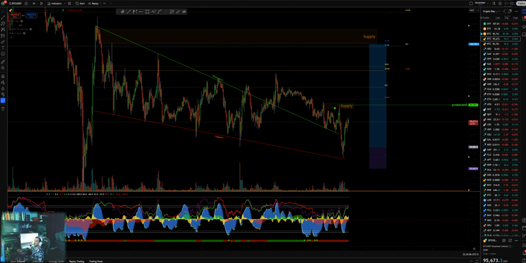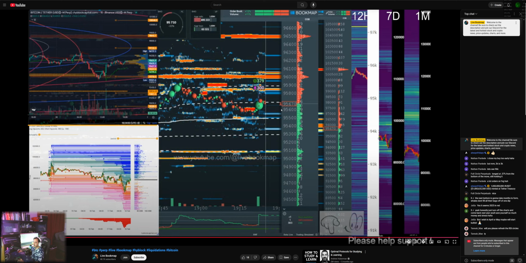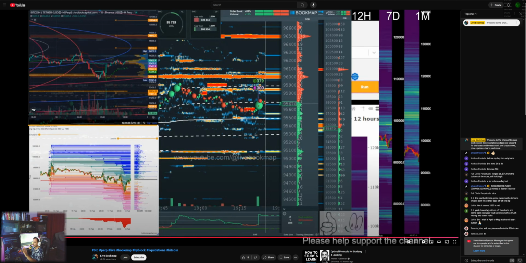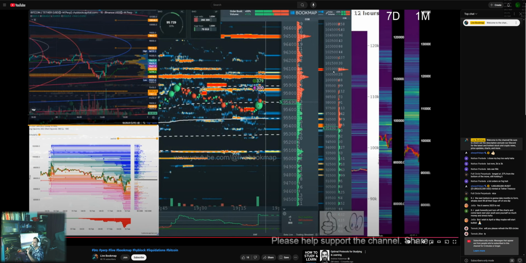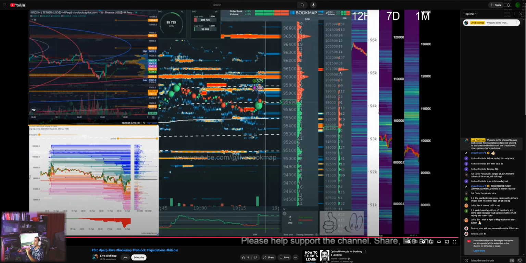For instance, I'm going to bring up Bookmap now. I know I use this tool a lot and it might look crazy if you're new here, but it's really nothing crazy. All you're seeing is people's orders. We can see right here at 101,000 there's 671 Bitcoin being sold.